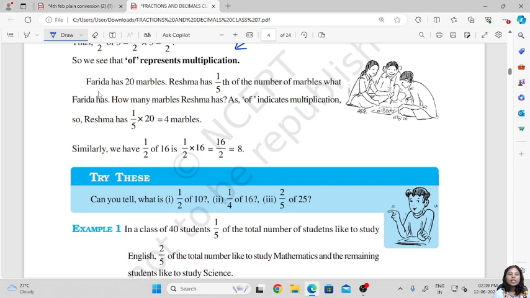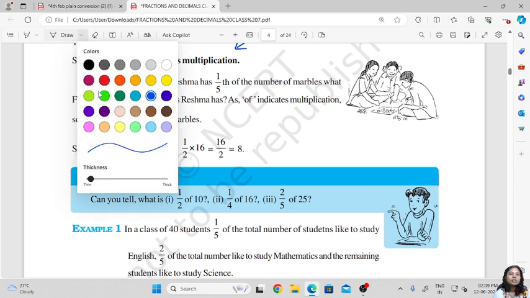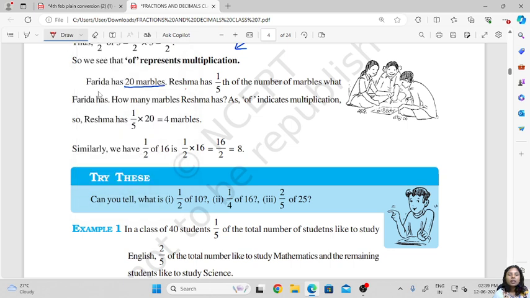So 1/5 of means multiplication into the total marbles, which are 20.